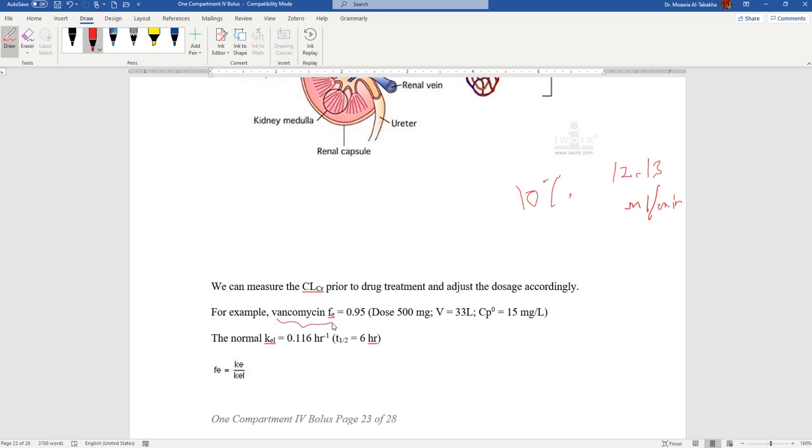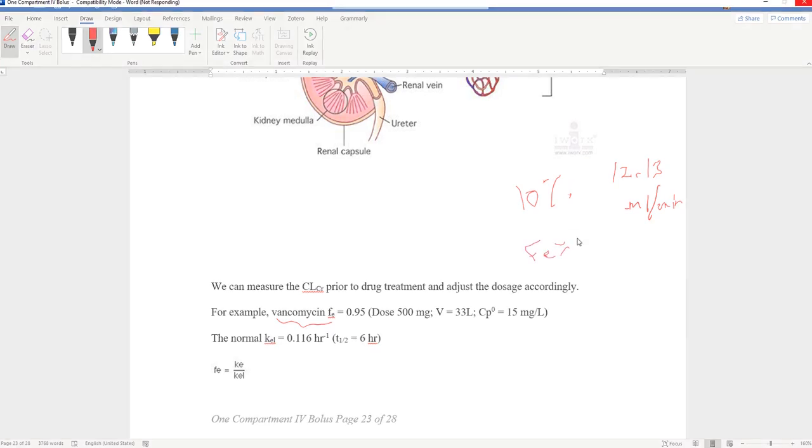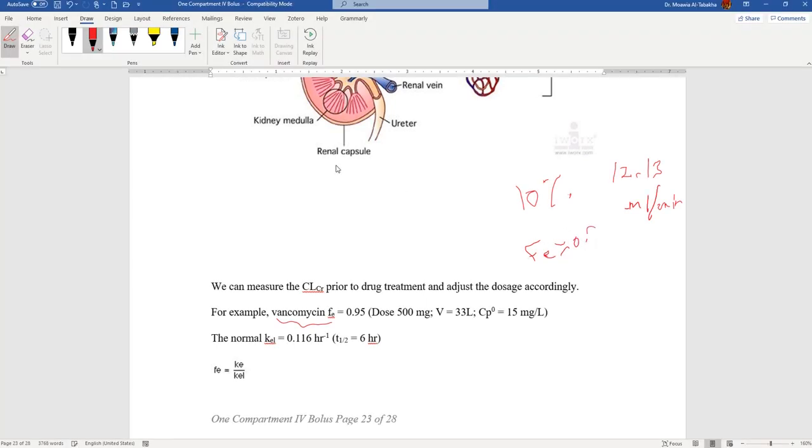And for the drug vancomycin, the fraction excreted is, what did it say? 0.95. So what does that mean the fraction metabolized is? Didn't we say fraction metabolized plus fraction excreted equals 1? This means it will be equal to 0.05. Okay. And what is the fraction excreted? It is KE over KEL, right?